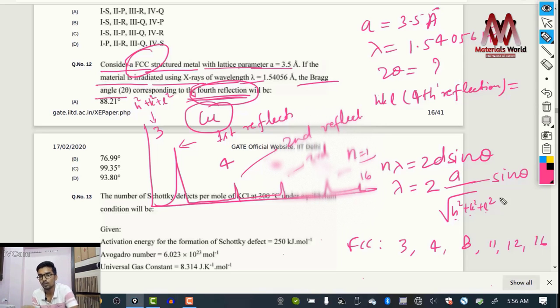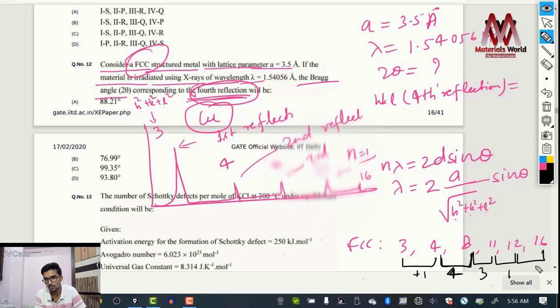There is one pattern here. Here we are adding 1, here we are adding 4, then here we are adding 3, then again 1, then again 4, again 3.